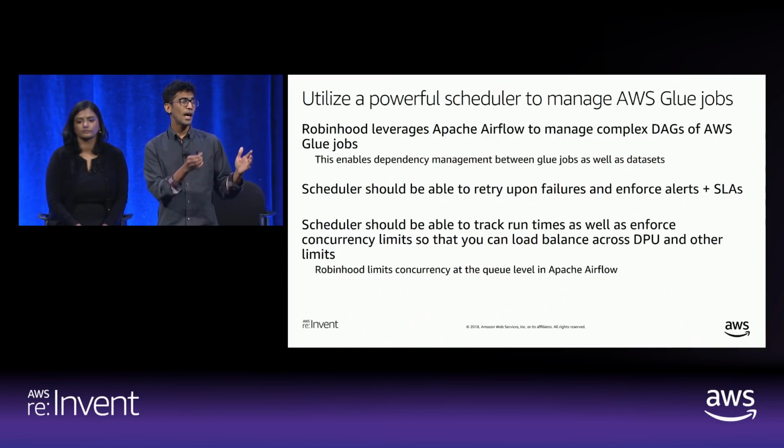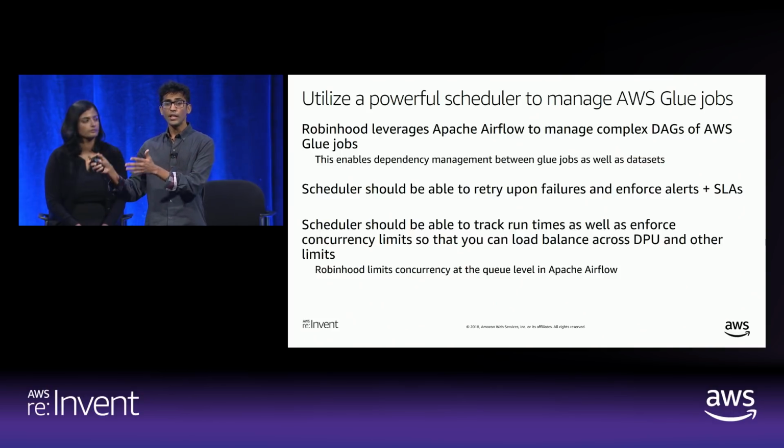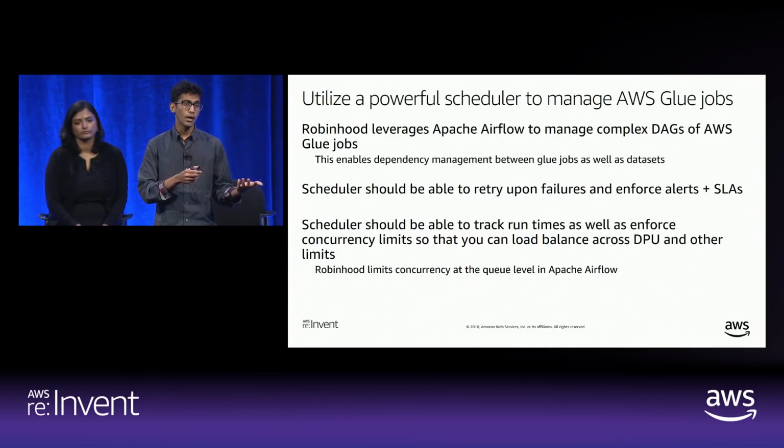And so you can have a high DPU queue, a low DPU queue, a medium DPU queue, and then set concurrency limits on all of these so that your lower DPU jobs don't overwhelm the higher ones, or vice versa. And you have a limitation on how many of each to run at any given point in time. That way, you're ensured that your jobs will not wait for DPUs, or you will not exhaust your resources when you don't expect them to.